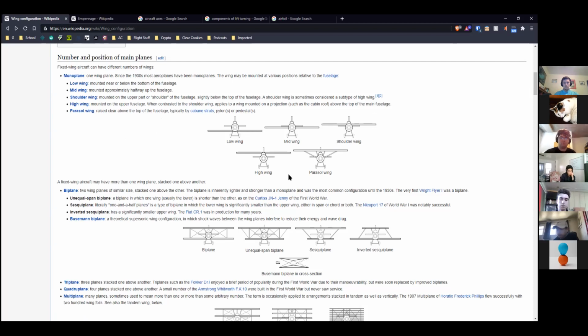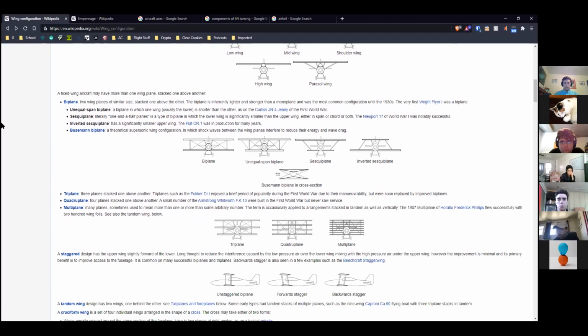So vertical placement of the wing mostly comes down to other stuff. It's not that often a performance consideration.